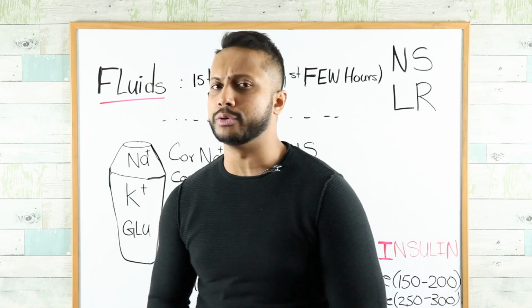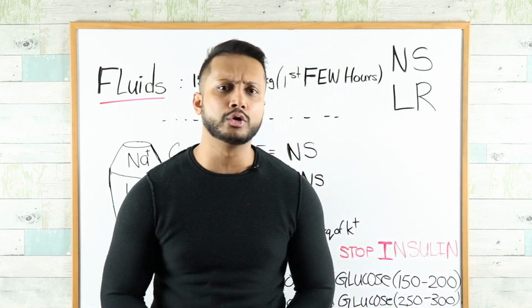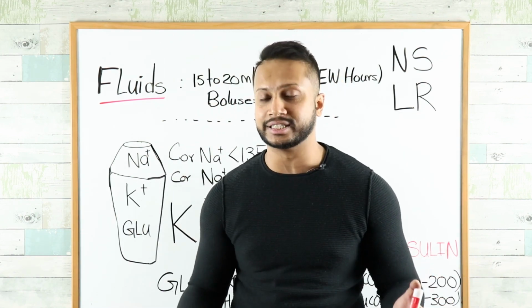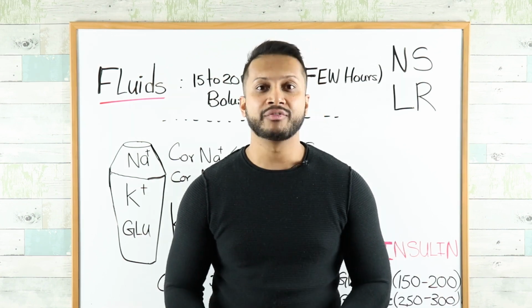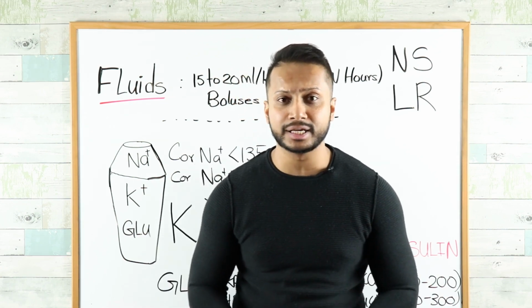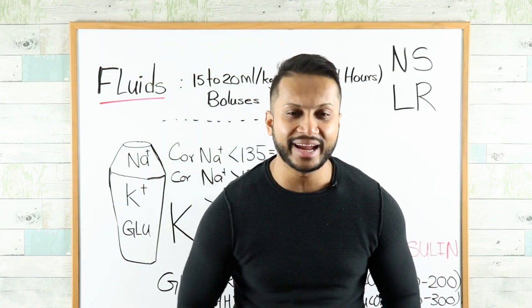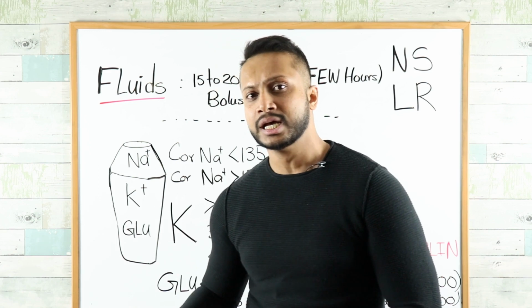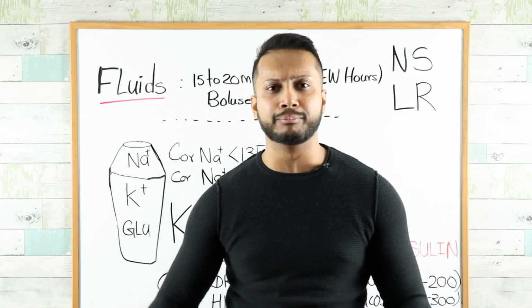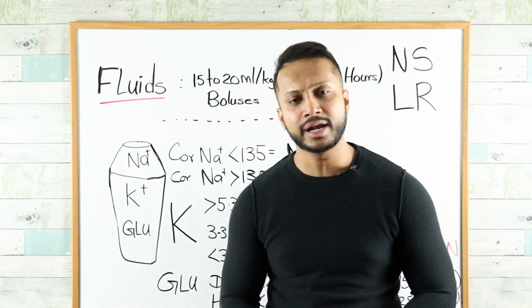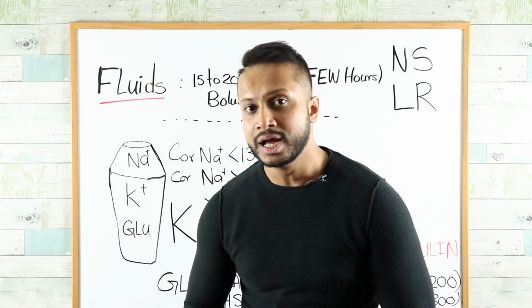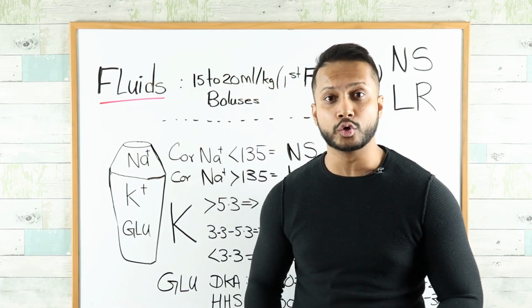As I've already explained to you, both DKA and HHS patients are volume depleted. So if I replace the volume, you are going to get increased blood flow to the kidneys. Does that mean I'm going to have improved GFR? Yes, I am, right? So if I improve my GFR, I'm going to wash out more glucose in the urine.